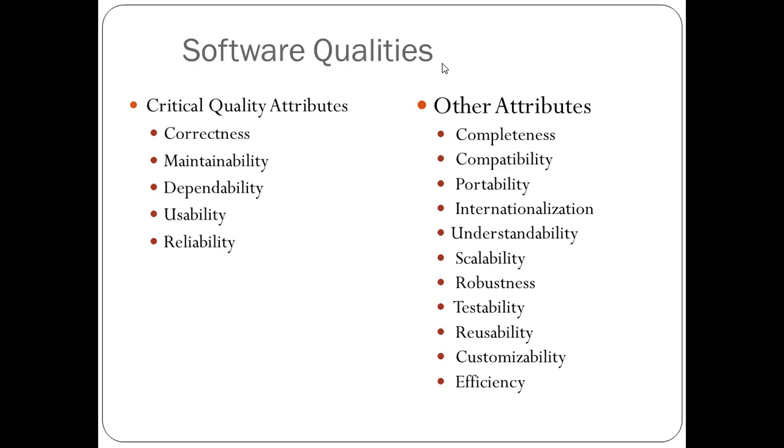Then we can say that our software is portable. So the developed software must have such types of attributes or qualities. These are called the various characteristics.